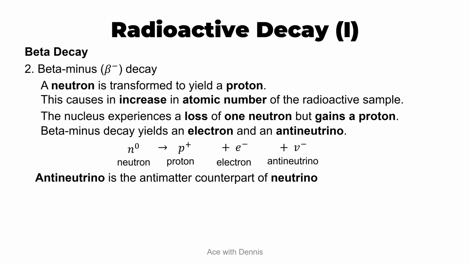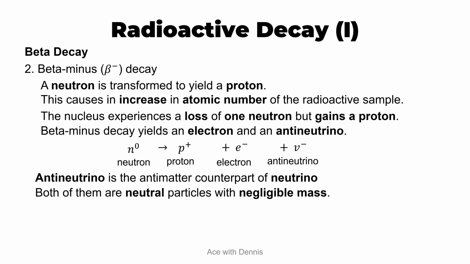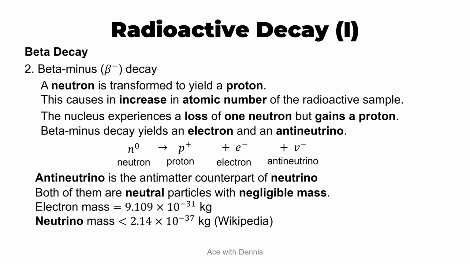An anti-neutrino is the antimatter counterpart of a neutrino. Both of them are neutral particles with negligible mass. Let's take a look at the masses here. Electron mass is about 9.109 times 10 to the power of negative 31 kilograms.